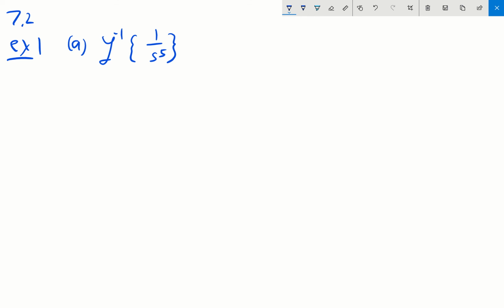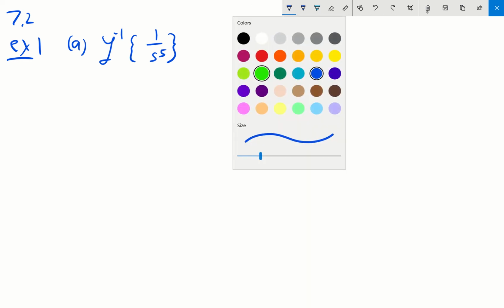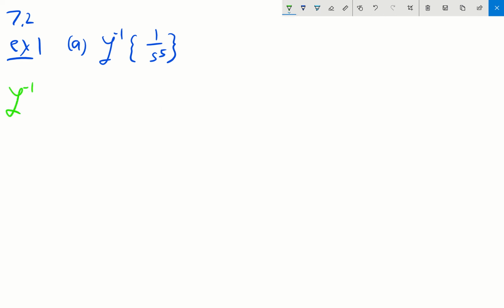The rule that this would most commonly look like is Theorem 7.21 part B, which says the inverse Laplace transform of n factorial divided by s to the n plus 1 is equal to t to the n.